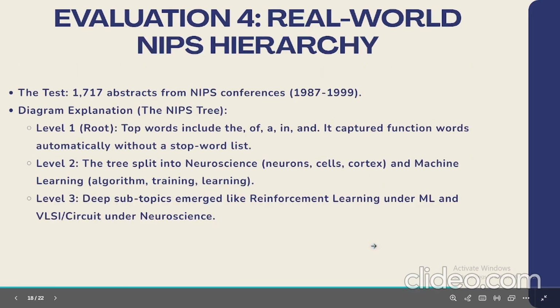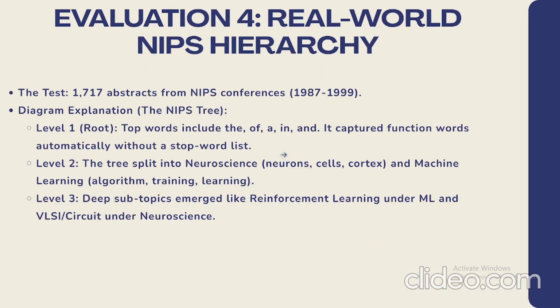Now let's move ahead to the next evaluation strategy, which is the NIPS hierarchy. This is the final evaluation strategy presented in the research paper. In the NIPS hierarchy, we are looking at real-world data, which is approximately 1740 NIPS conference abstracts.